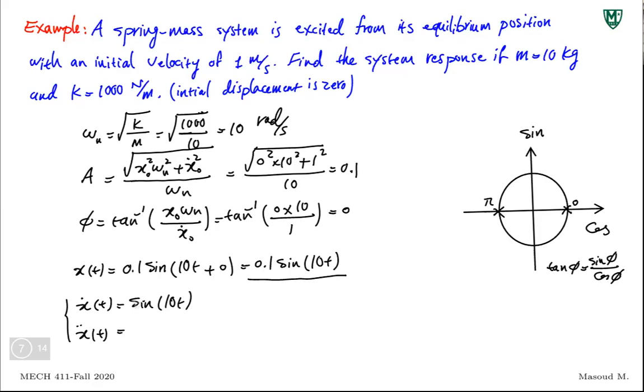Sorry, cosine 10t, obviously. Sine becomes cosine. So this is velocity. If the unit for this is meter, the unit for this would be meter per second. For the acceleration, we take another derivative. It would be -10 sine 10t. This would be meter per second squared.